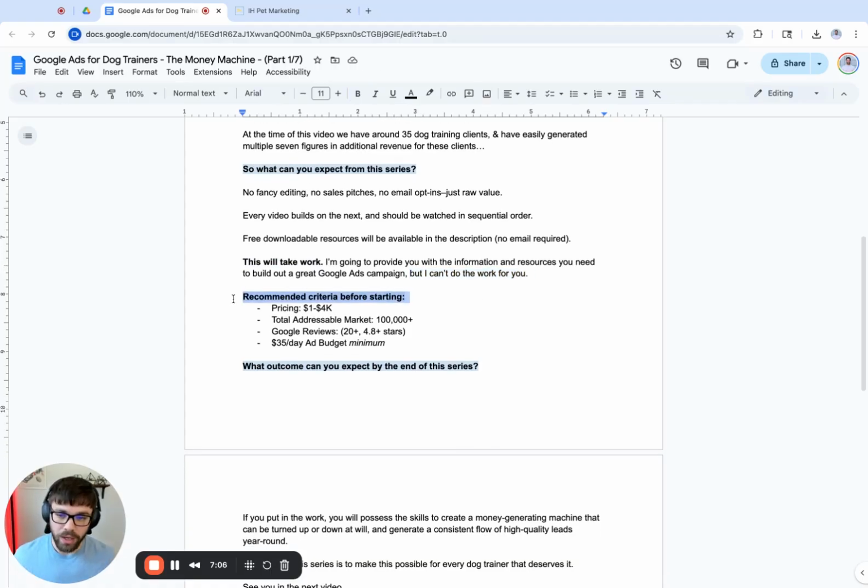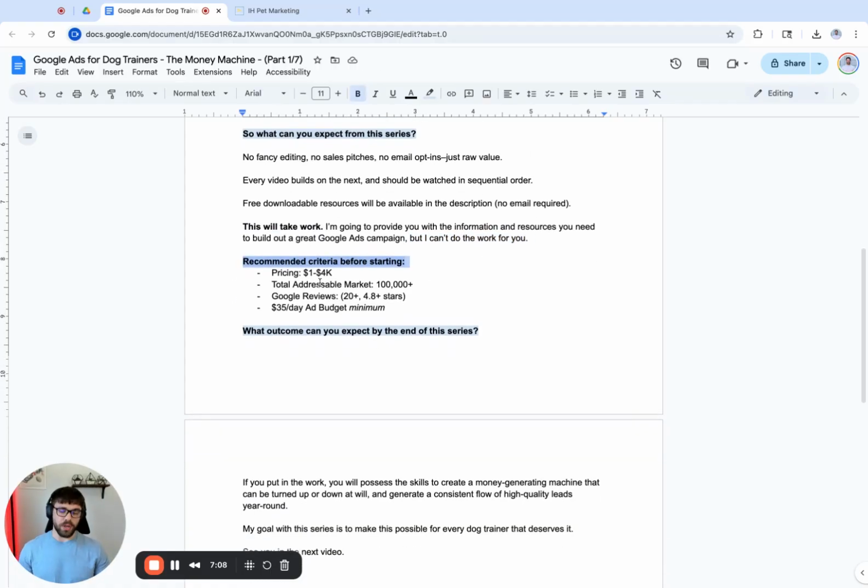Recommended criteria before starting. Ideally, your programs should be anywhere from 1,000 to 4,000 if you're going to run paid ads. When you start getting below the 1,000 mark, yes, you can still be profitable, 100%, but you're going to make much less profit.